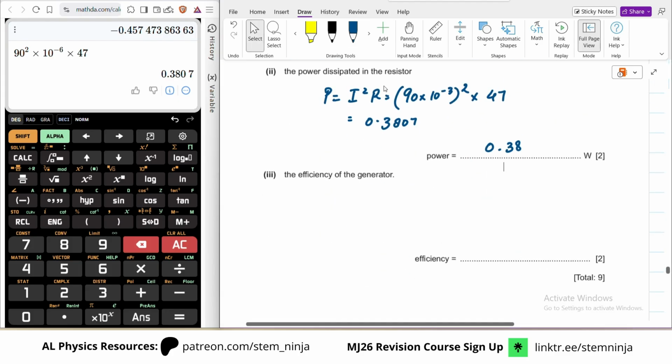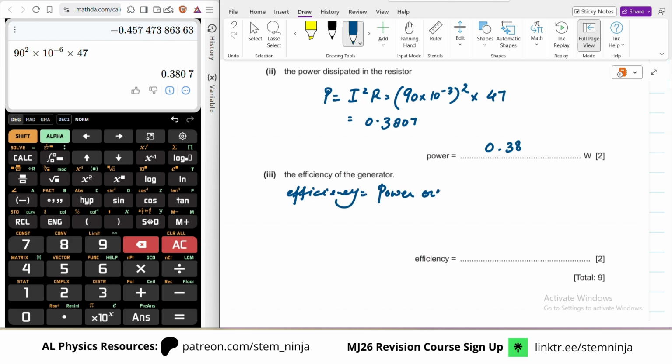The efficiency of the generator is basically power output over power input.